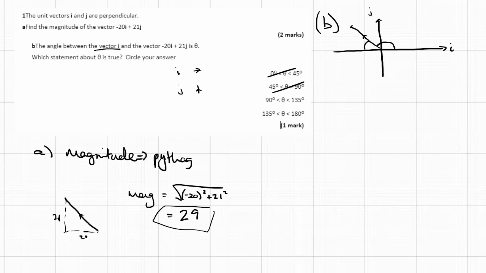But we don't quite know how to find that angle straight up, so I'm going to find the angle I've labelled in blue, because we can do that. I'm going to label that alpha. So we've got 20 and 21, so we've got a right angle triangle like this, and we want to find this angle here.